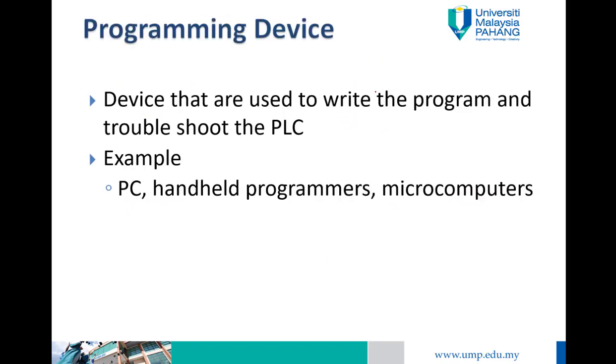Then the programming device: the device used to write the program and troubleshoot the PLC. This is how we can program the PLC. We can use a computer, a handheld programmer, or microcomputers. With current technology, I think we can use a mobile phone to program the PLC as well.